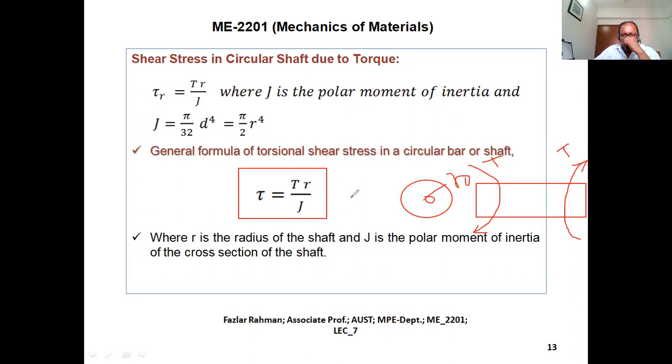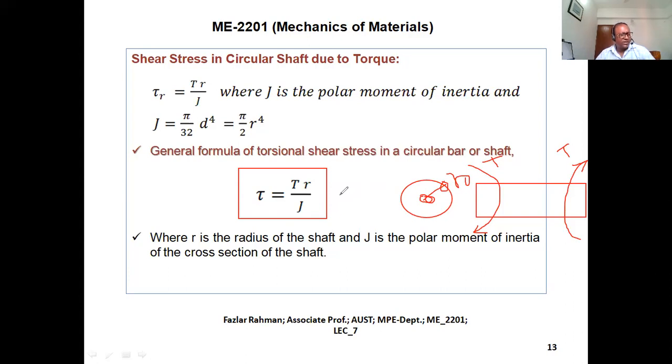And you see, you put R value 0. That means you are at the center of the shaft. So at the center of the shaft, there will be no shear stress. Then R gradually increases. Then you are right over here. Then your shear stress will be maximum.